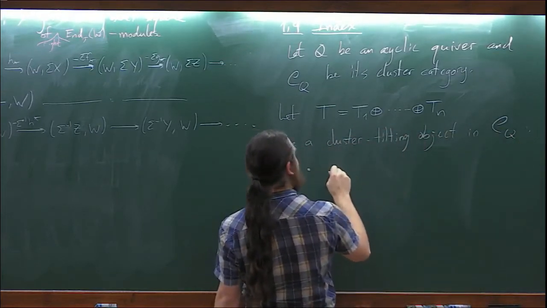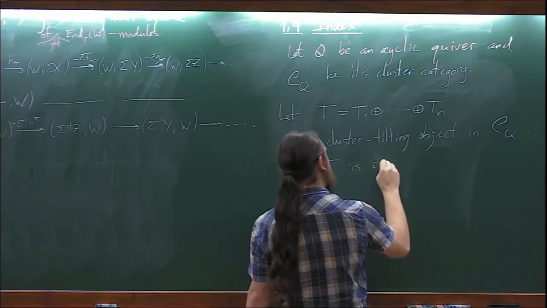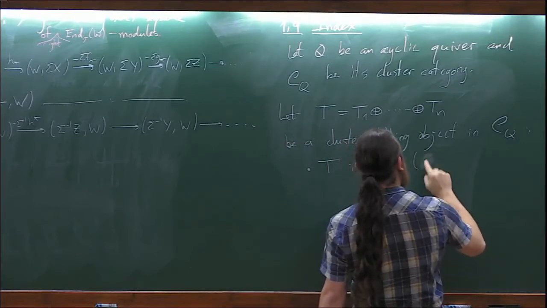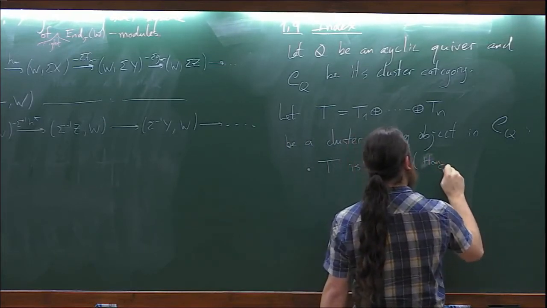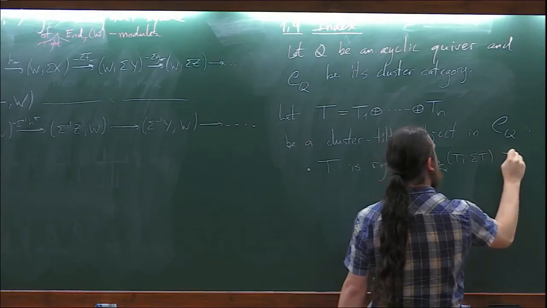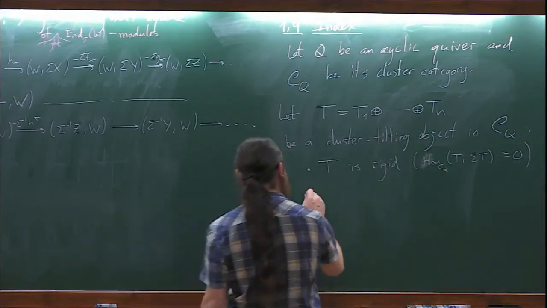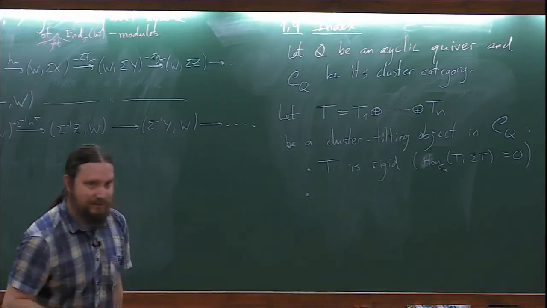And what does this mean? It means that T is rigid. So there's no non-zero morphism from T to its suspension. And T is maximal with respect to this condition.